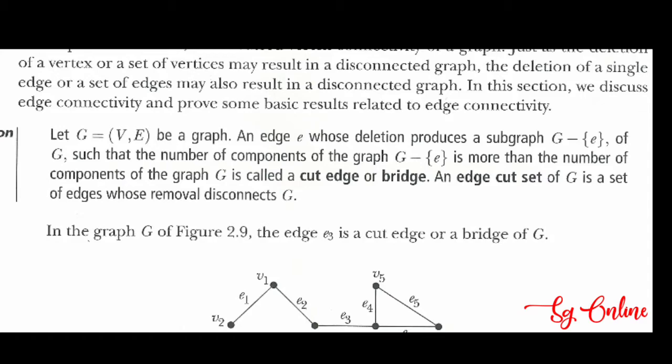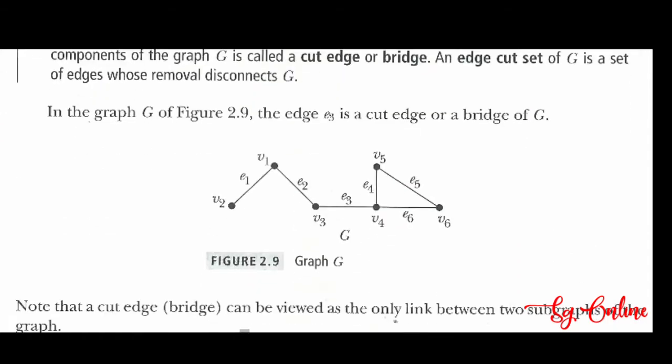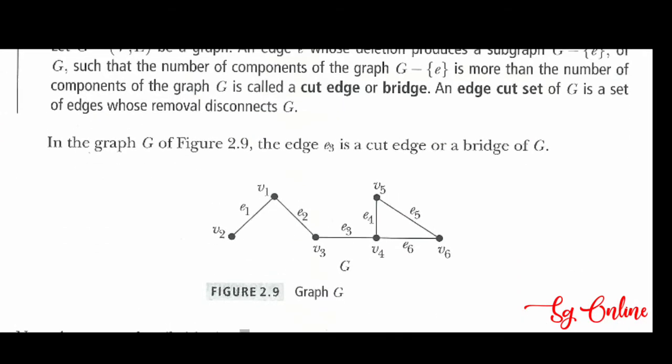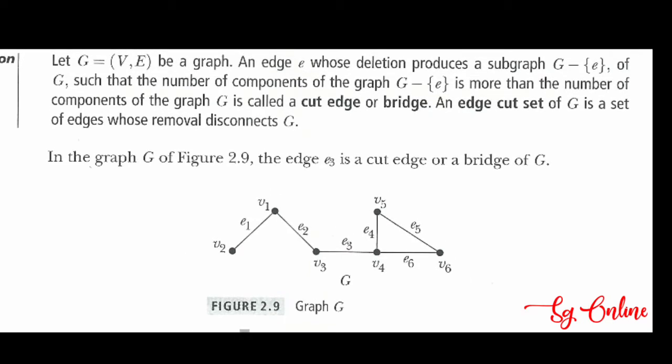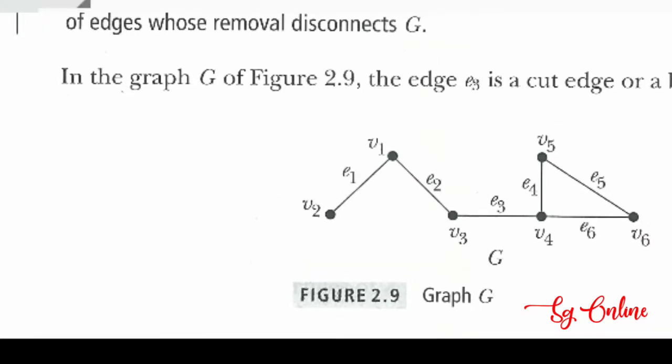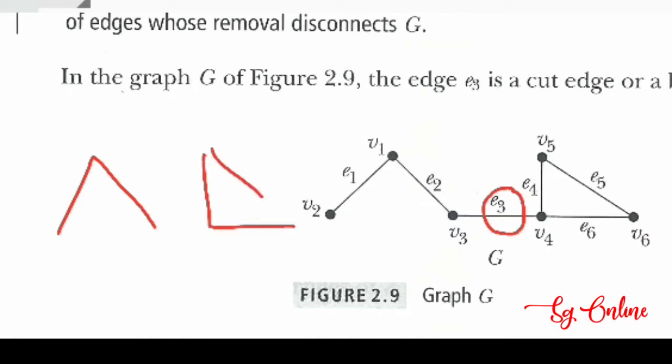But interesting is the cut edge, and why we are calling it a bridge is now clear from this graph. You see that in this graph, if we delete the edge E3, then the graph becomes disconnected into two parts.